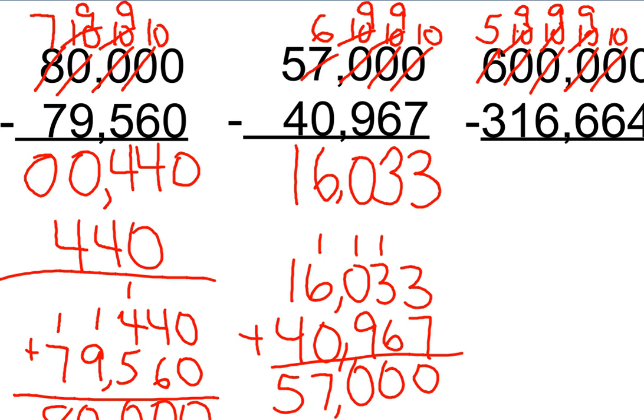Now, if I have 0, I still can't take 4 away. However, the tens place has 10. I could take one away, make it a 9.